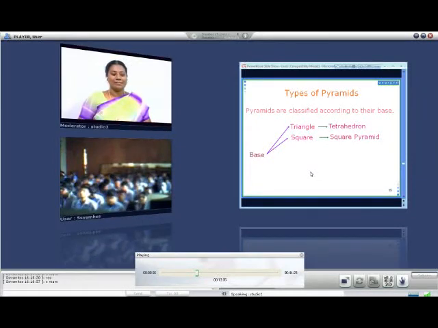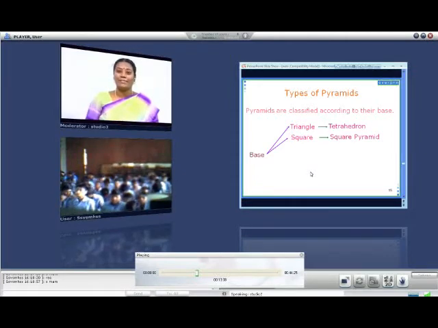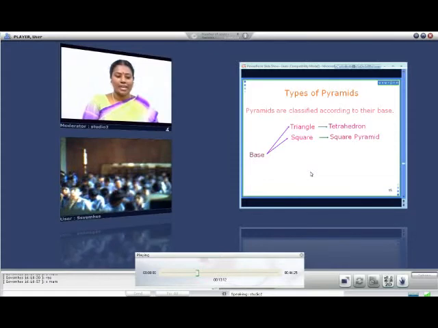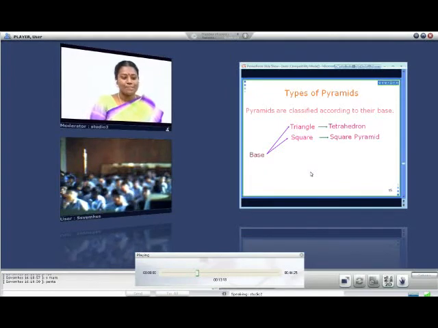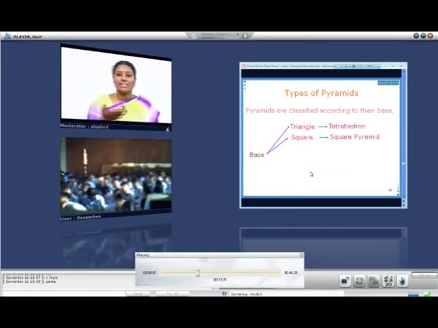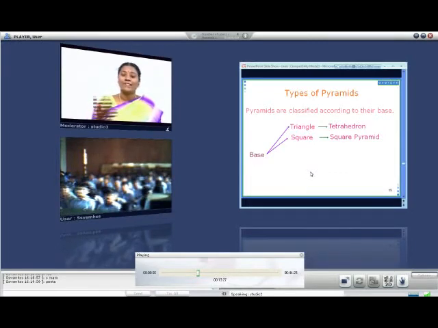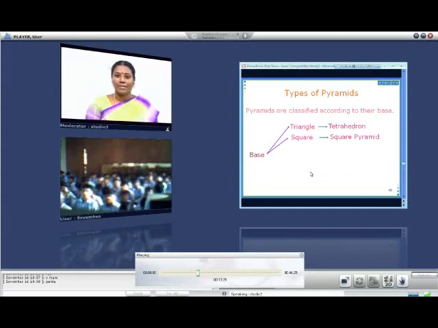Yes, children? Next, what will be the next polygon that you are going to take? We have considered three-sided, 4, and next 5. Yes, it is absolutely right. It is a pentagon, isn't it? So if your base is a pentagon, you call it a pentagonal pyramid.